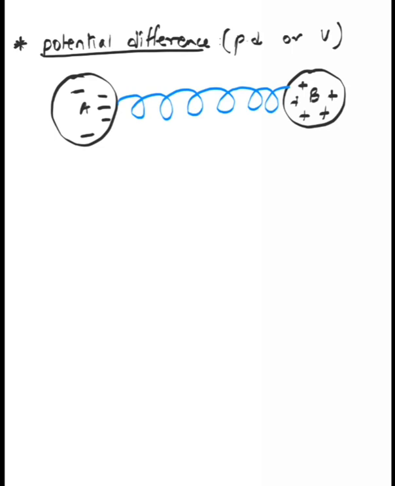A to B or B to A? A to B, from negative to positive, obviously. Current will go from B to A, exactly. It will always go in the opposite direction. It will oppose the motion.